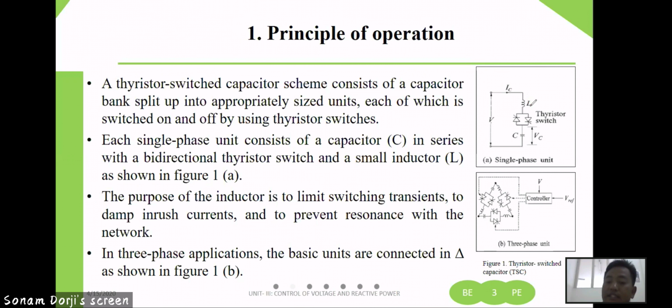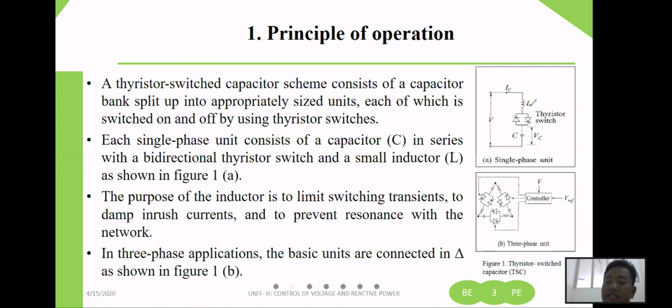We will choose T1 so that our bus voltage is maximum. One condition to choose the switching on instant T1 is that the bus voltage should be maximum at that time. This is the first condition.